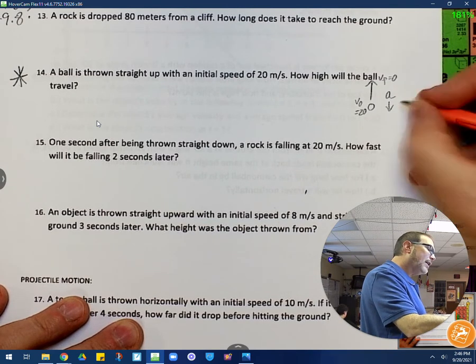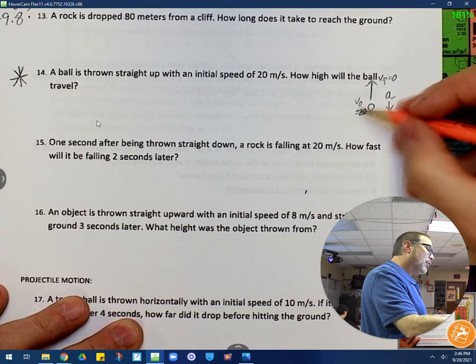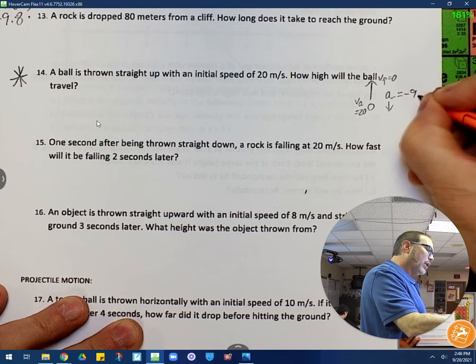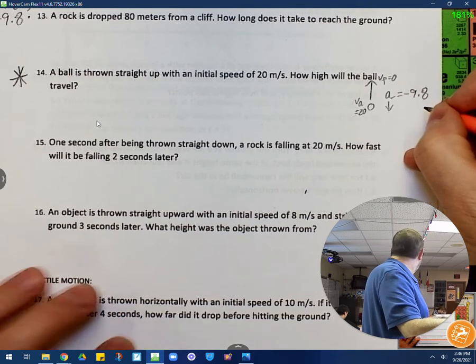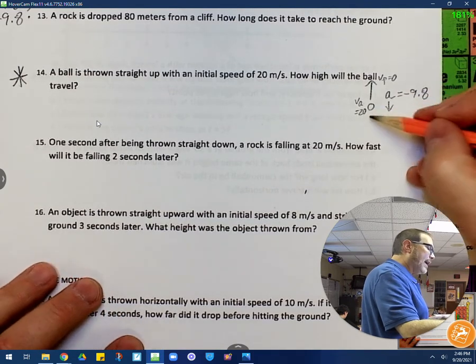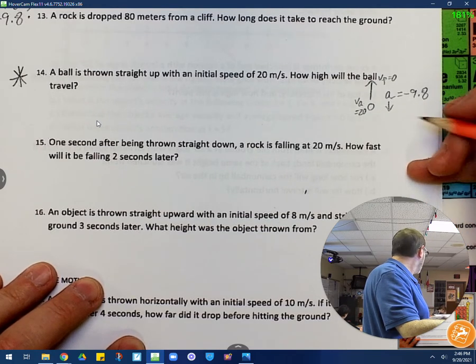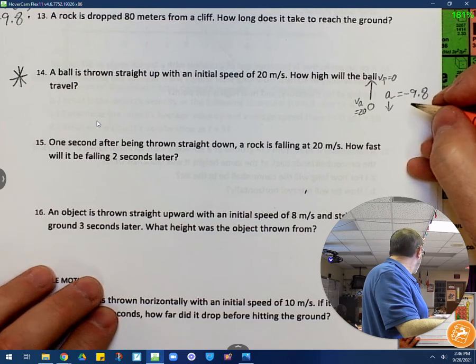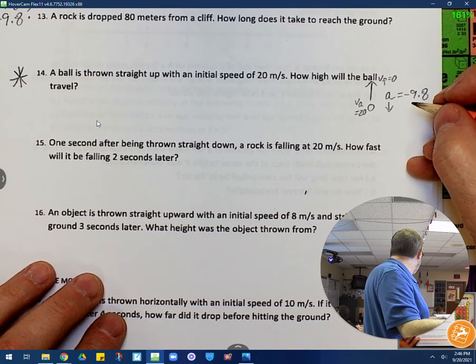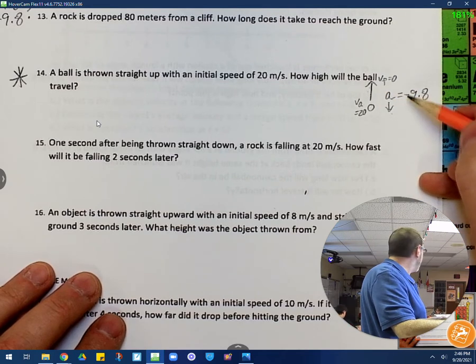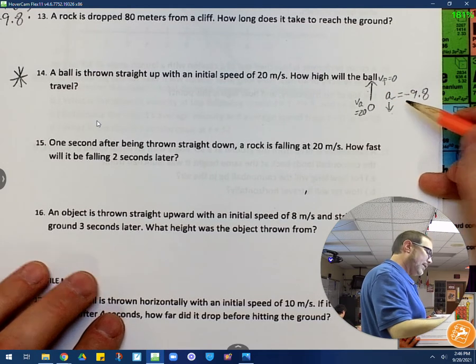Acceleration is going down, so since we're making this positive, we're going to make acceleration equal negative 9.8. Could you also start by making this negative 20 and making it a positive 9.8? Sure. You're the one who gets to decide what direction negative is and what direction positive is. Just be sure that since these are going different directions, you give them different signs.